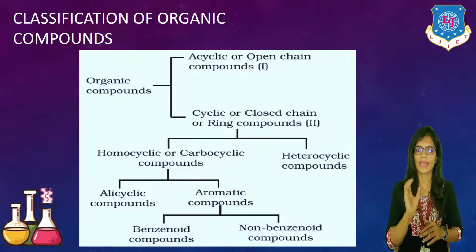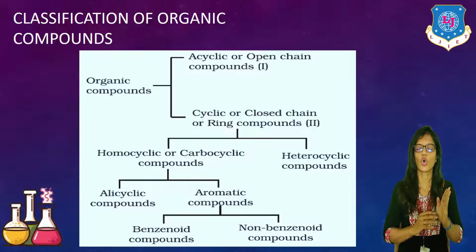Now, the cyclic or closed chain or ring compounds are further divided into two different types. The first one is homocyclic or carbocyclic compounds. They are known as homocyclic or carbocyclic compounds. And another type is heterocyclic compounds.